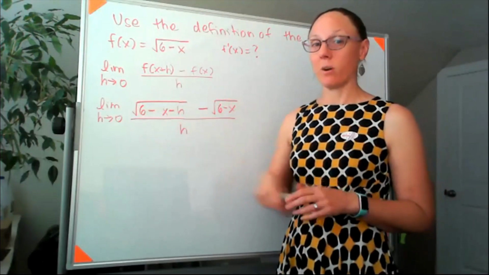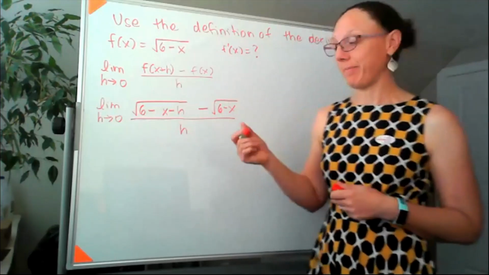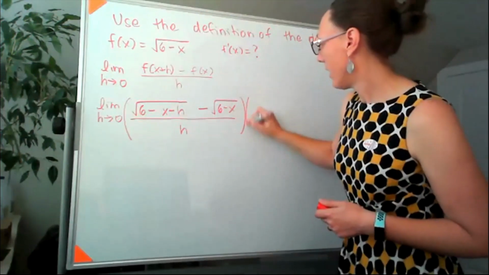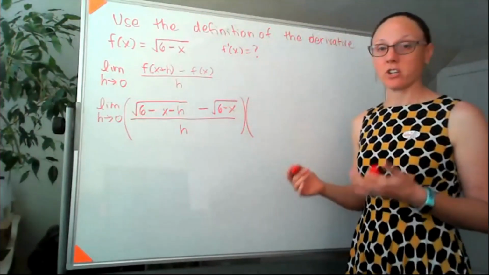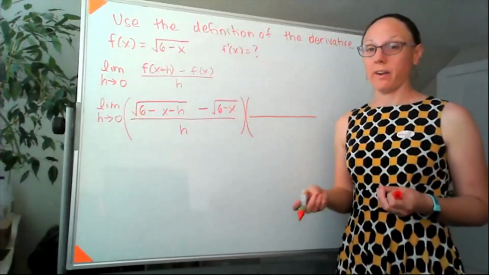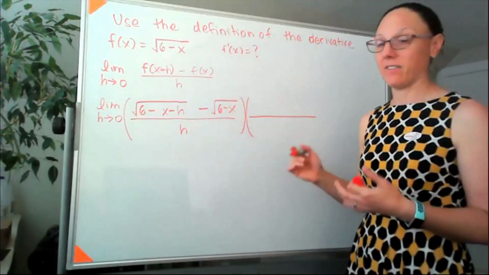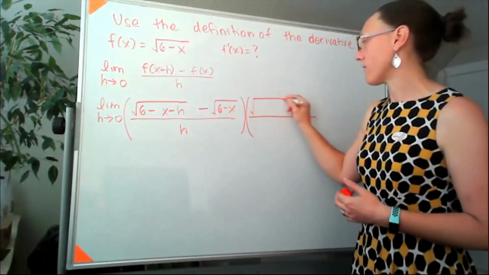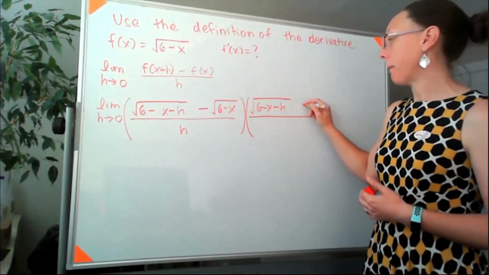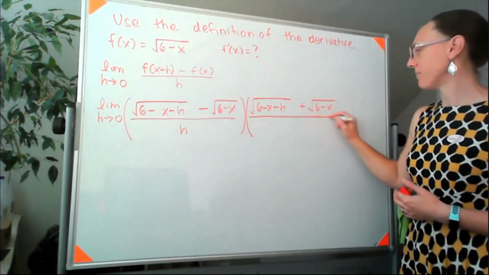When we have square roots, the algebra thing we're going to do is to multiply by the conjugate. And because we don't want to change the problem, I really can only multiply by 1. So I have to multiply by the conjugate in the numerator and by the conjugate in the denominator. So I'll have square root of 6 minus x minus h plus the square root of 6 minus x.